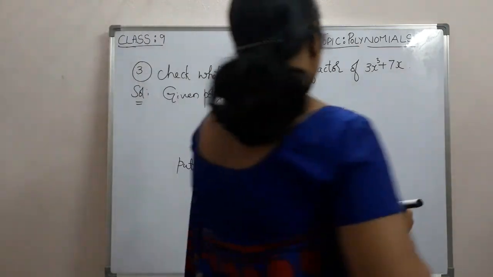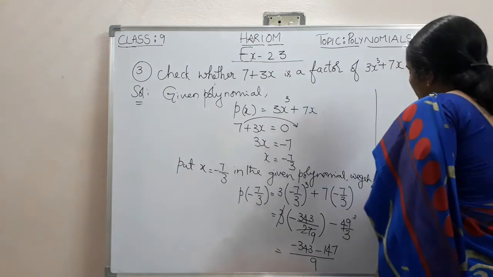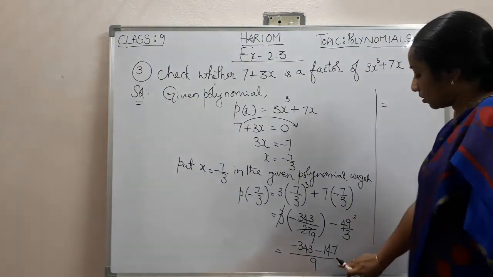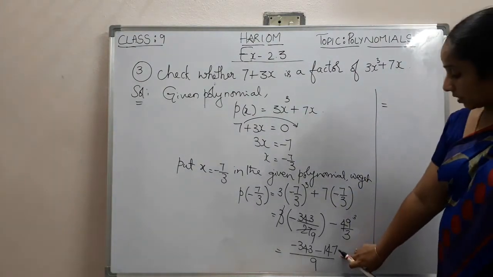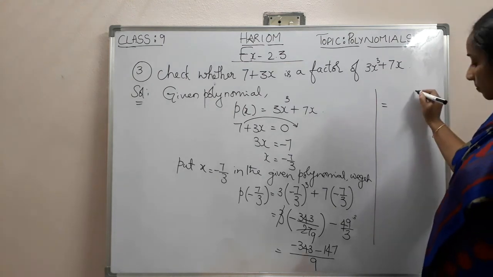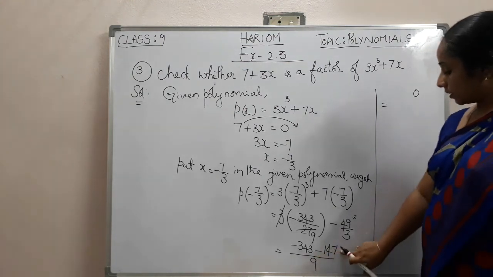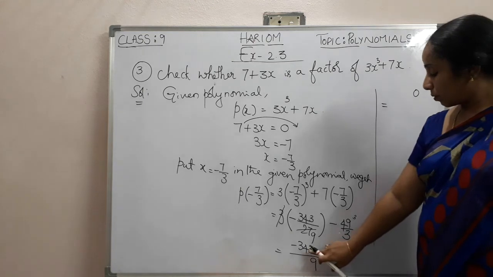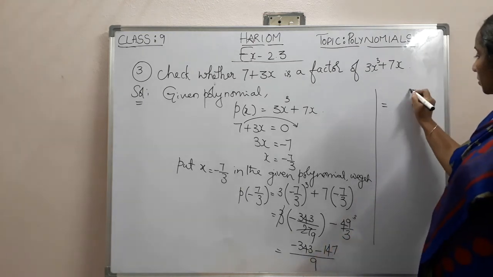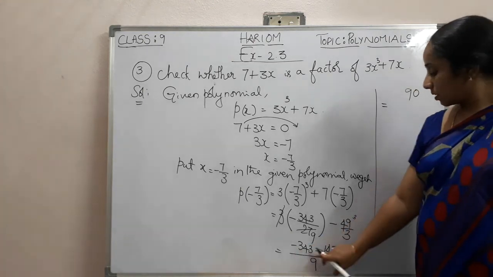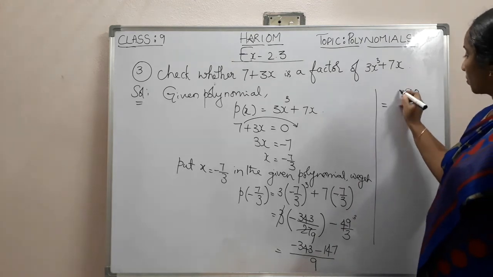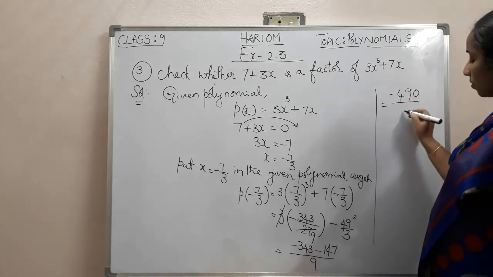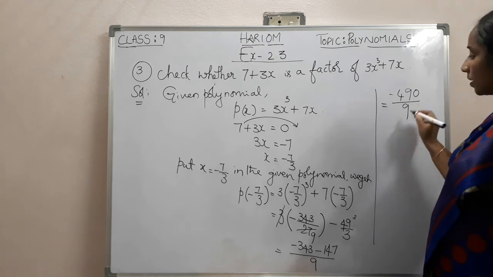Now by adding minus 343 and minus 147, we get that 3 plus 7 is 10, 4 plus 4 plus 8 plus 1 is 9, 3 plus 1 is 4. It is minus 490 by 9.